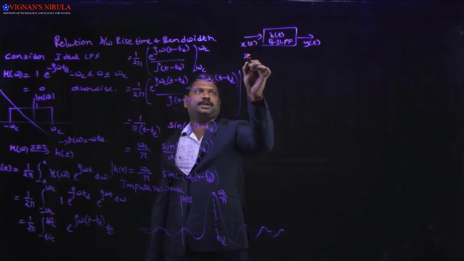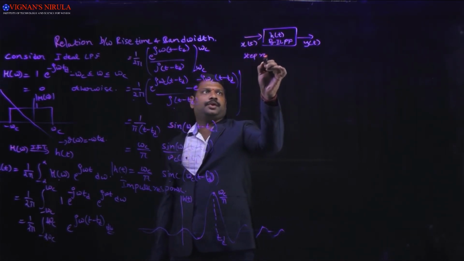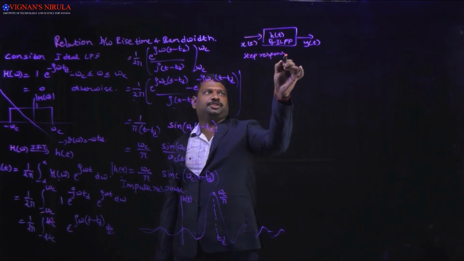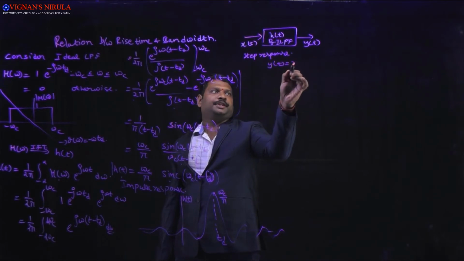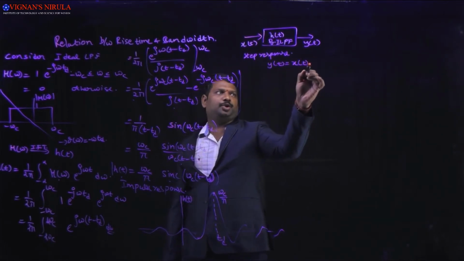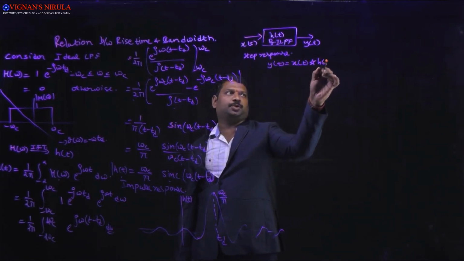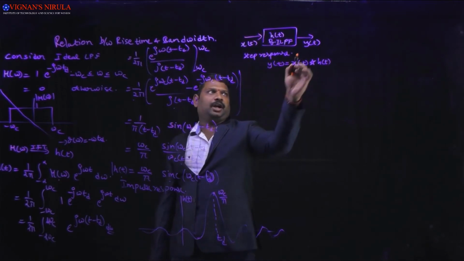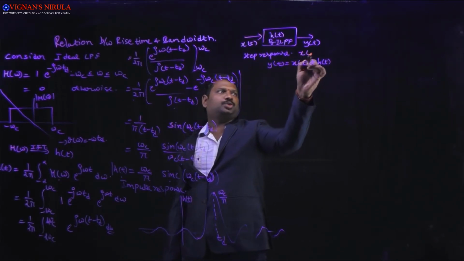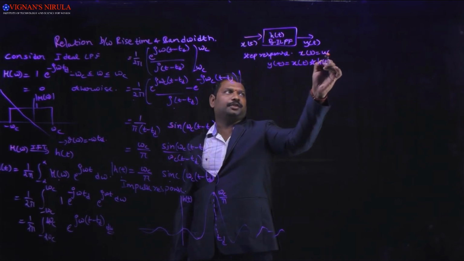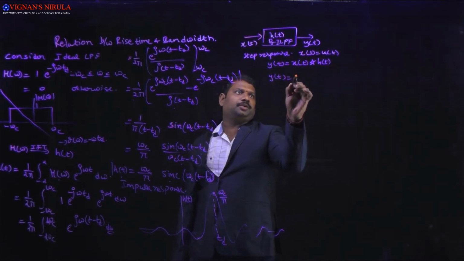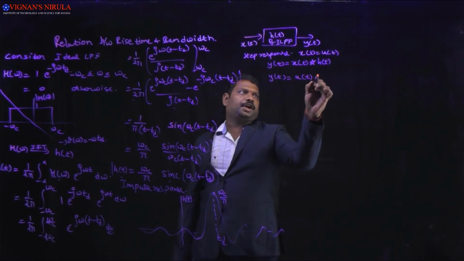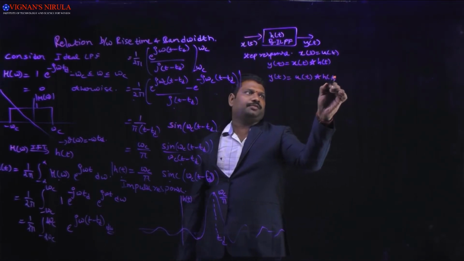Now the step response, that's y of t, is generally x of t convolution with h of t. But for the step response, x of t will be nothing but u of t, the unit step signal. Therefore, our y of t will be equal to u of t convolution with h of t.